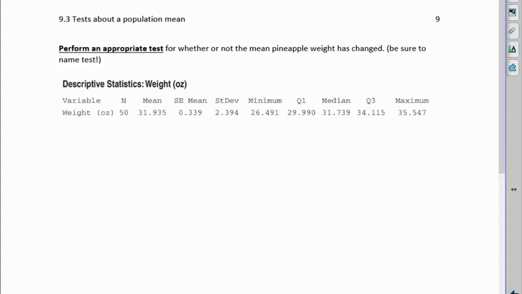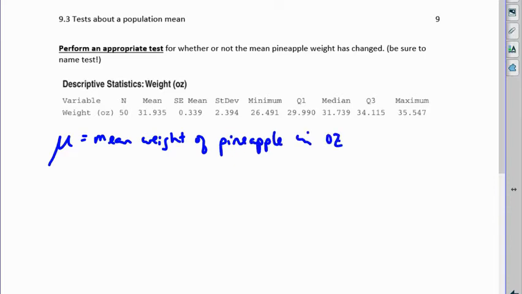So let's see, now we've got the same output again, and we're going to do the t-test for means. You'll want to define what you're measuring here, and our mean is going to be the mean weight of a pineapple in ounces.